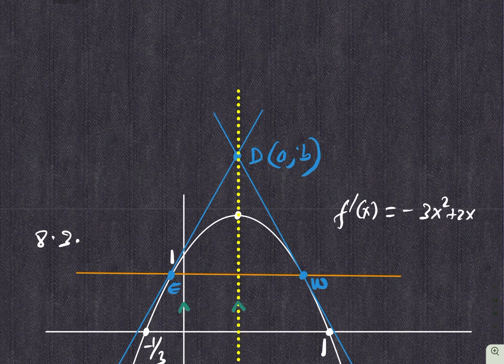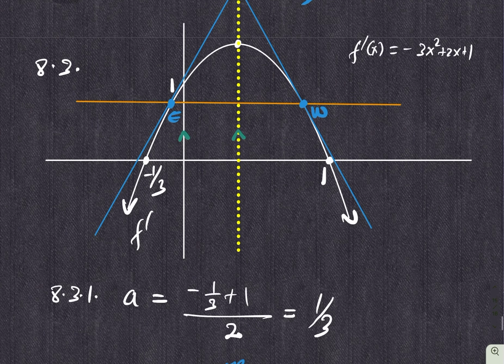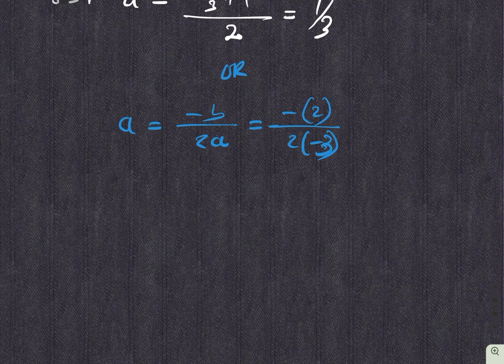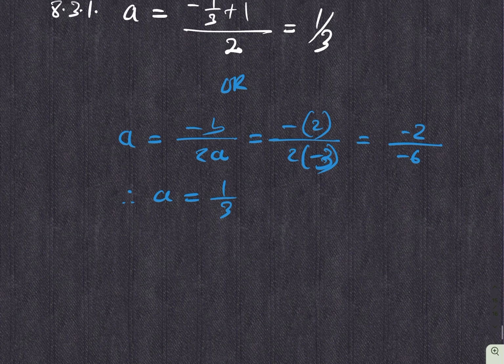This was the graph of this situation, and we had to find it. So this really ties down to negative 2 over negative 6, and this would give you the value of A to be 1/3.